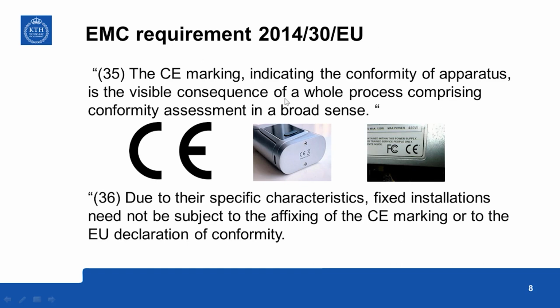The standards will tell how a class of equipment should be tested, what kind of test methods are to be used, what are the levels for conducted emission, conducted immunity, radiated emission, radiated immunity, and how you interpret the test results, all these things. Then after all this process, the equipment will be given this certification, which is a legal requirement.